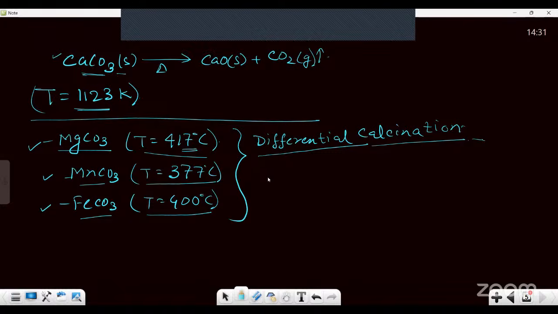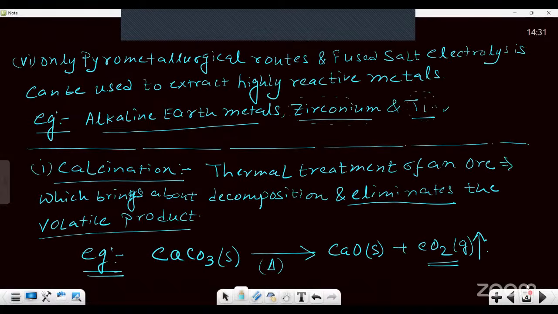What will happen at 400 degrees Celsius? First, my manganese is going to decompose. MnCO3 will decompose first, and it will become MnO plus CO2.